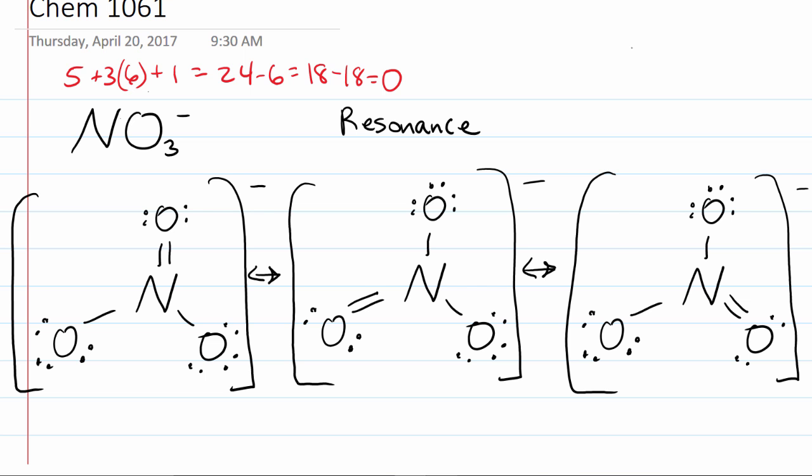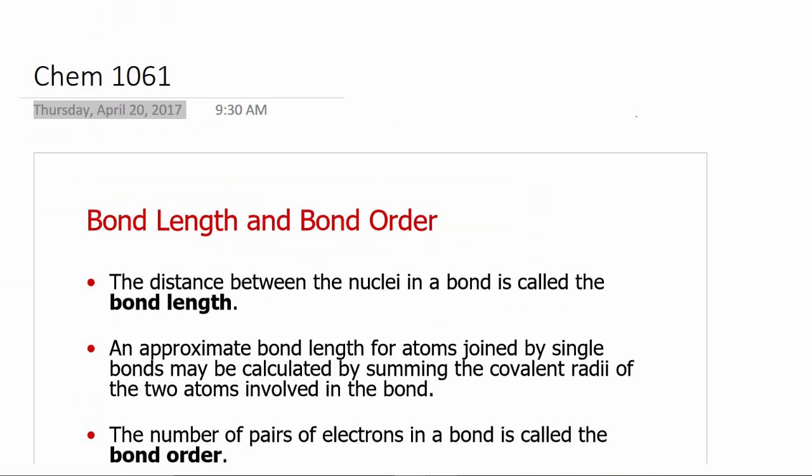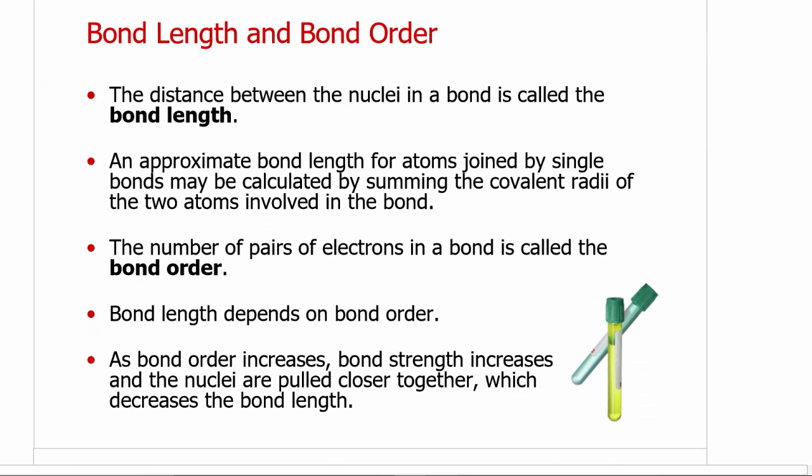And bond length is something that's described on the back side of your handout here. It talks a bit about bond lengths and bond order, and it talks about the distance between the nuclei. The distance between the nuclei in a bond is referred to as the bond length.